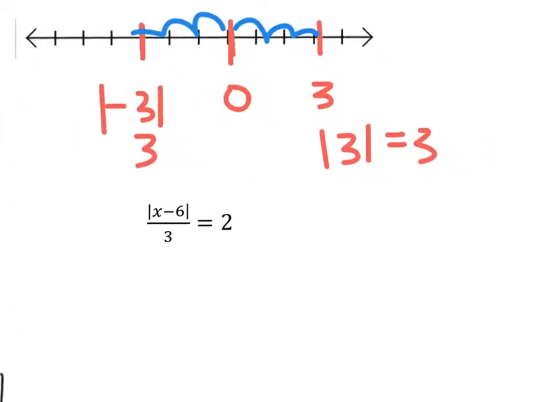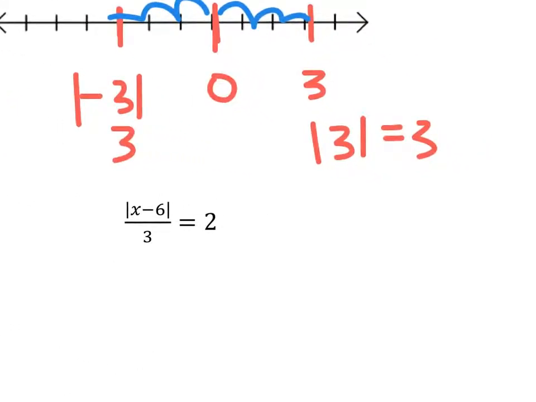Okay, third one. Trying to get the absolute value by itself, so what you want to do is multiply both sides by 3. So these will cancel out. So I have x minus 6 equals 6. So the absolute value of this is 6.